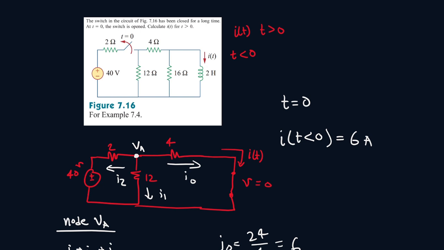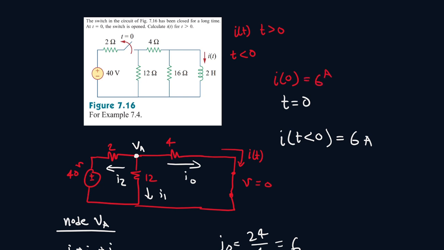So that means at t equals 0, the current passing through this inductor is still 6 amps.